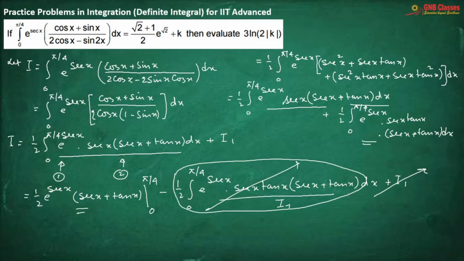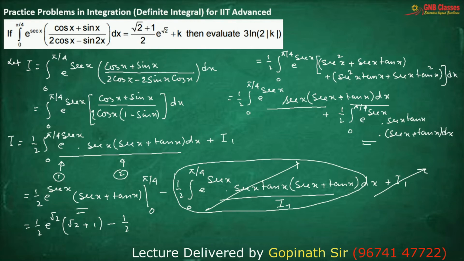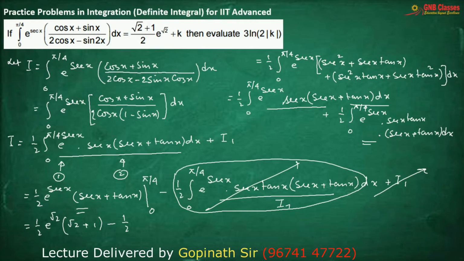Now let me put the values pi by 4 and 0. Is it clear to everyone? First I put x equals pi by 4. So we are going to get e to the power root 2 into (root 2 plus 1). Minus, if I put 0 in place of x, we are going to get minus half, right?